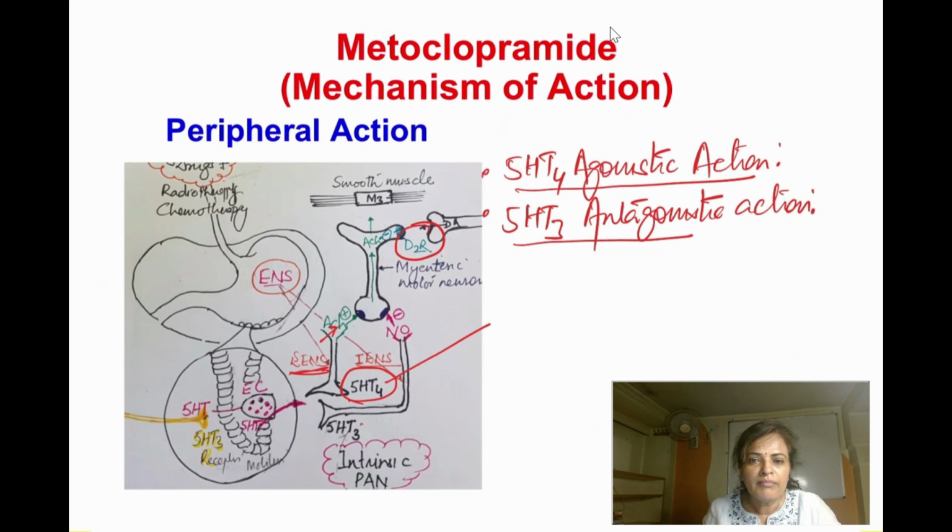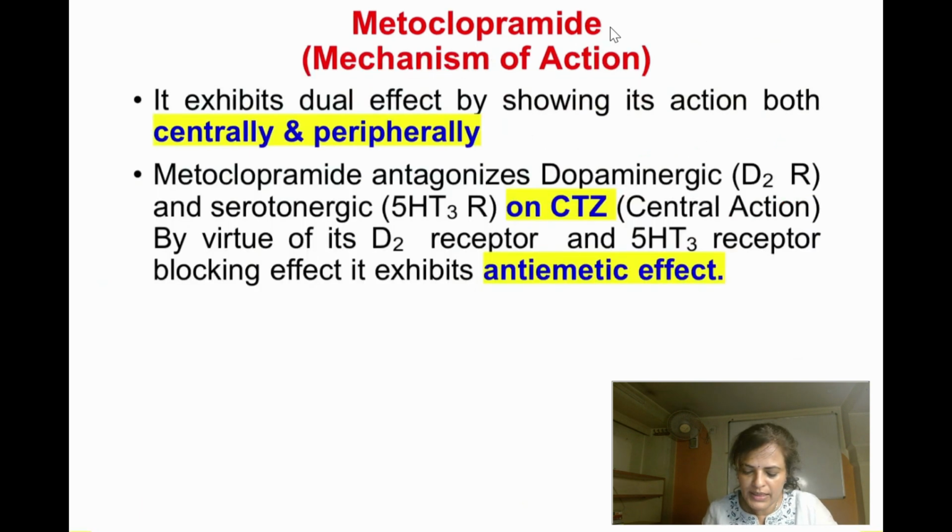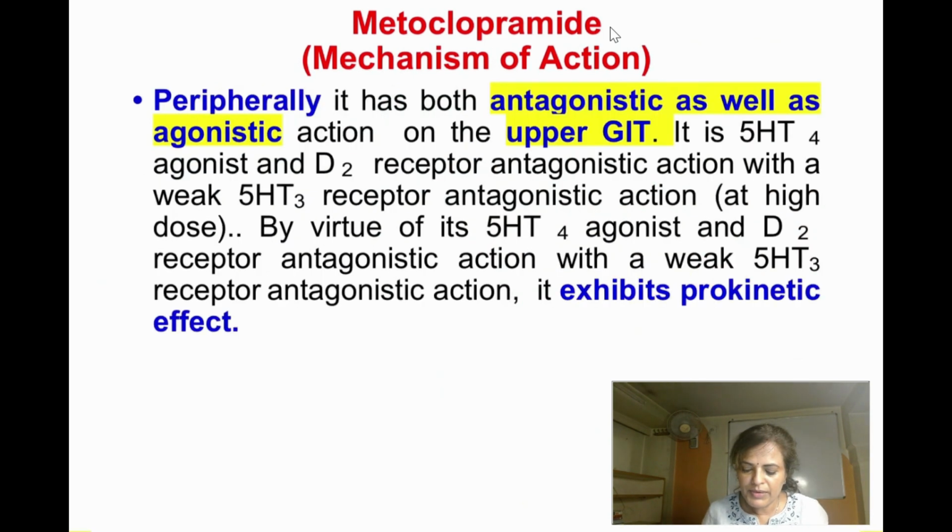So this is about the mechanism of action of metoclopramide. I will sum up here. Metoclopramide exhibits dual effect by showing its action both centrally and peripherally. Centrally on the CTZ, it antagonizes dopaminergic and serotonergic receptors. By virtue of its D2 and 5-HT receptor blocking effect, it exhibits antiemetic effect. So this is the central action. Now coming to the peripheral action. Peripherally, it has both antagonistic as well as agonistic action.